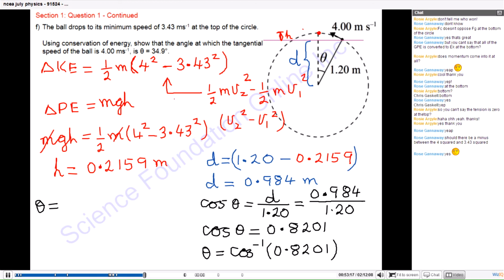So I hope it's on degree mode. Yes, I think it is. And where are we? There's the cos on this. Okay, here we go. Cos inverse. Yes, sure. Inverse, equals.